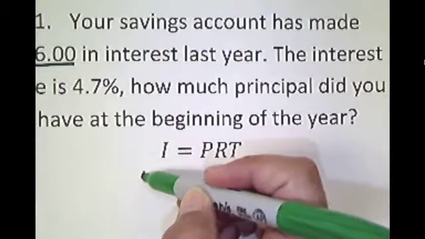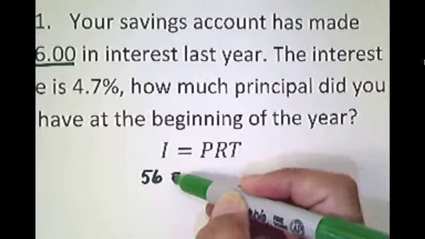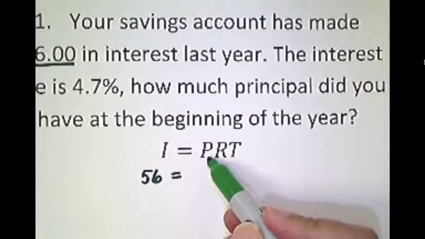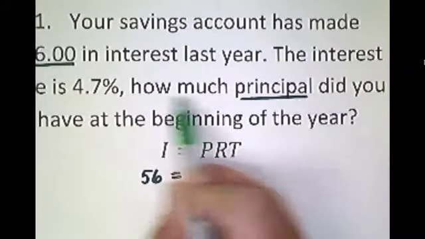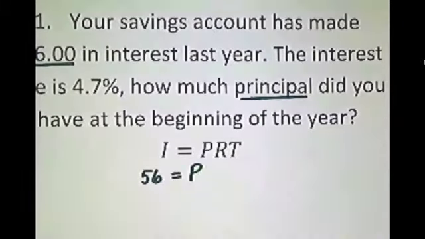I'm going to substitute that into the I. The P is the principal, and that is what we're looking for. So we're going to leave that as a variable. The interest rate, R, is 4.7%, but we cannot use 4.7%. We have to convert that to a decimal. Everything is based on 100% because that is a whole.